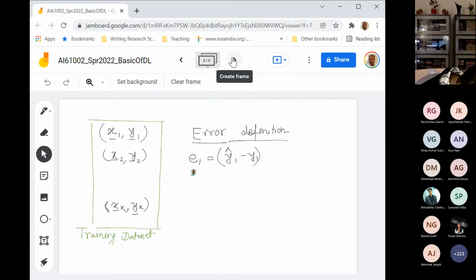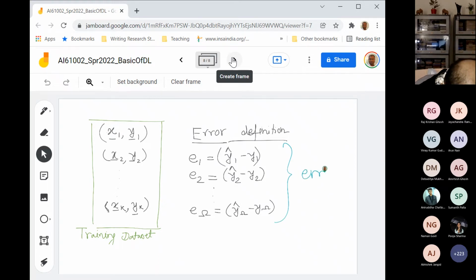Then I can find out E2, which is from Y2 and whatever is the real value of Y2. Like this, I will be going up to omega only, which will be Y of omega. Now, this thing can be an error which is found per neuron.